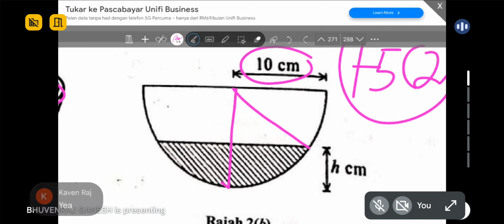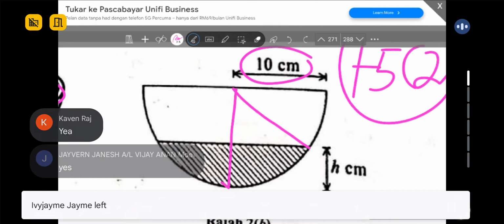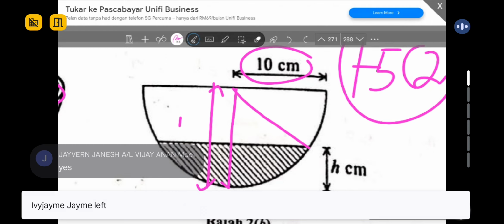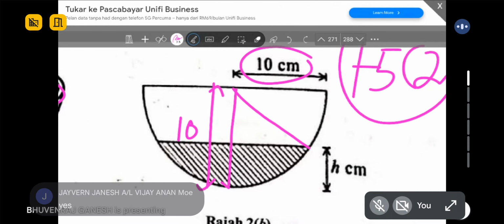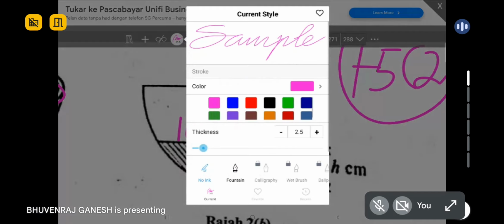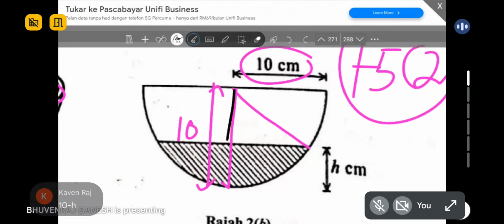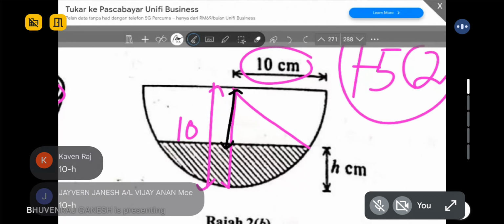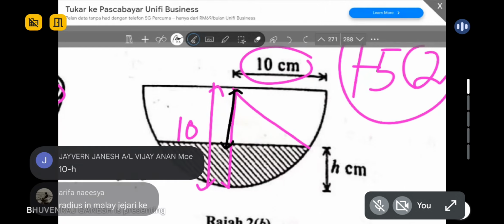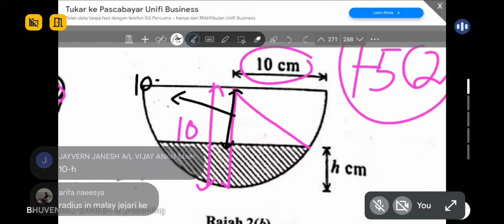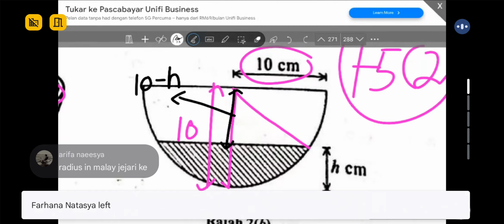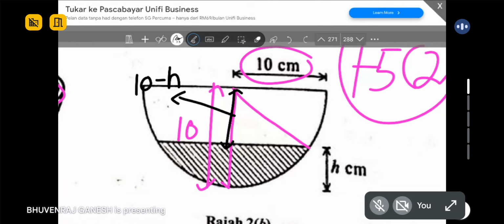Agree? All of this is 10. So I can say that this whole thing is also 10. Correct? If I ask you this one, what is the answer for this, guys? The black part. The black part is 10 minus h, right? 10 minus h. Correct? Yes. Radius. Correct. Okay, and then this one?